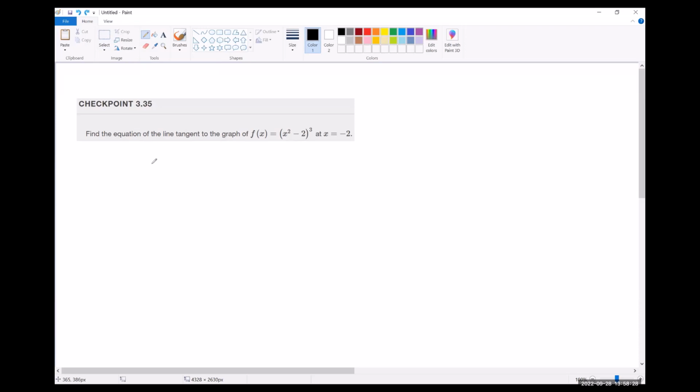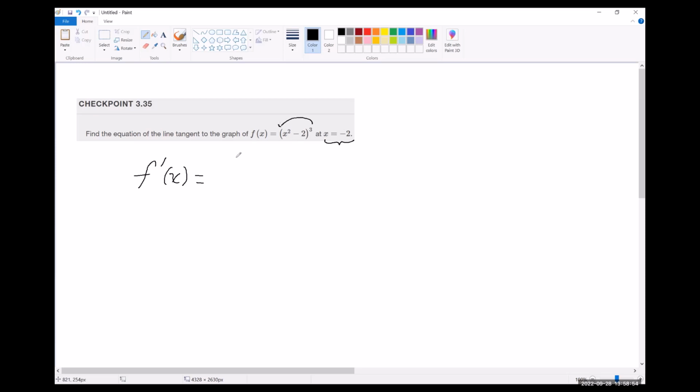So let's find the derivative of the function, because that'll give us the slope of the line. And then we'll evaluate it at that point. So finding the derivative will give us the equation for the slope, and then we will specify to that point.